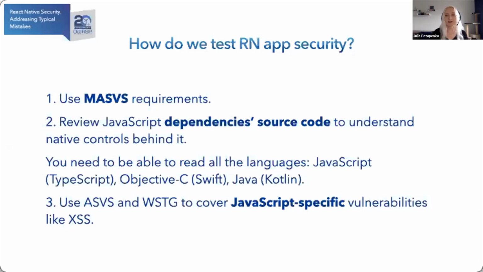A challenge here is that now we have JavaScript code, and by default, the native code for React Native applications is written in Objective-C and Java, which are not the latest tendencies, let's say. And it is very likely that you will also deal with TypeScript together with JavaScript, and very likely that you'll have to deal with Swift and Kotlin.